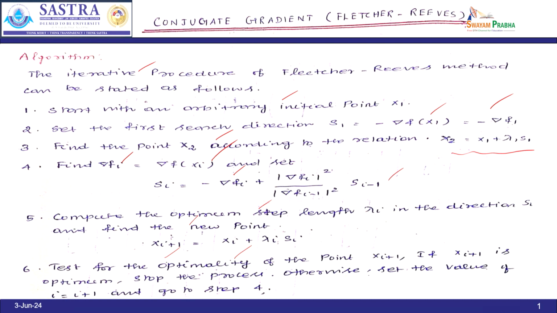If x i plus 1 is optimum, stop the process, otherwise set the value of i equal to i plus 1 and go to step 4.